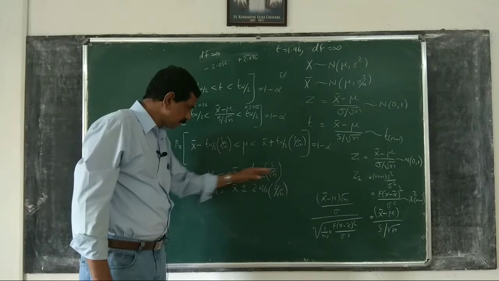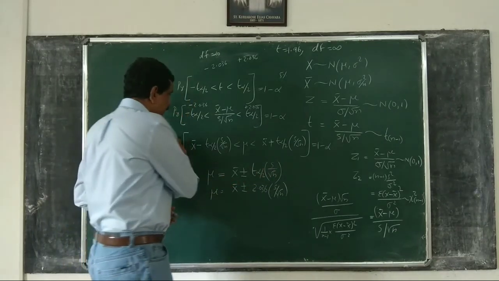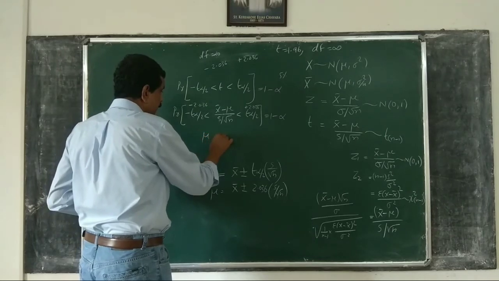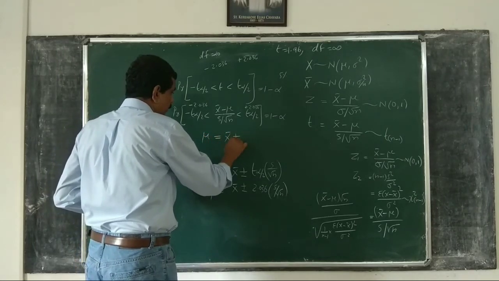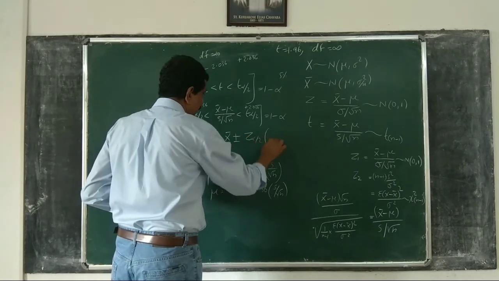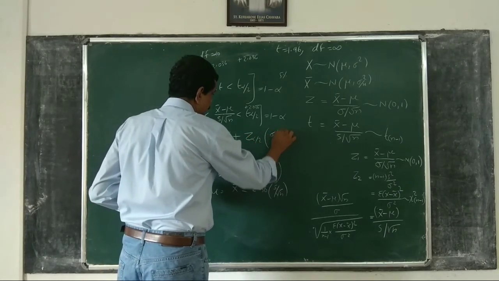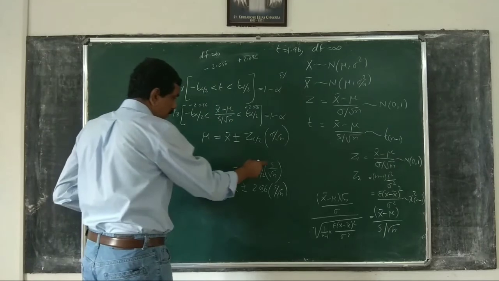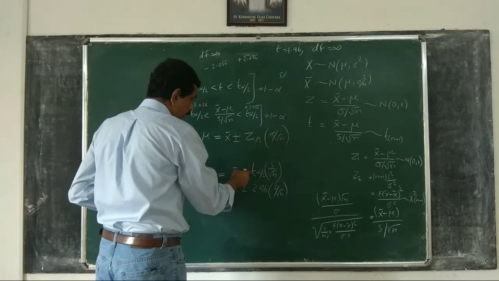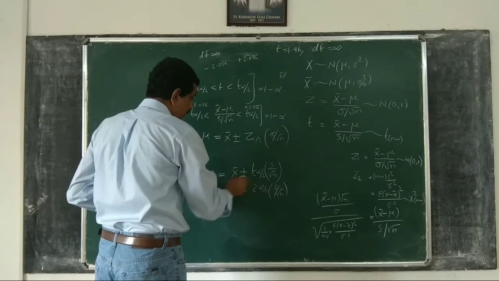How do we construct the confidence interval? If Z is used, then mu is equal to x bar plus or minus Z alpha by 2 sigma by root n. Here the difference is S by root n instead of sigma by root n, and Z alpha by 2 is replaced by T alpha by 2, which depends on degrees of freedom.